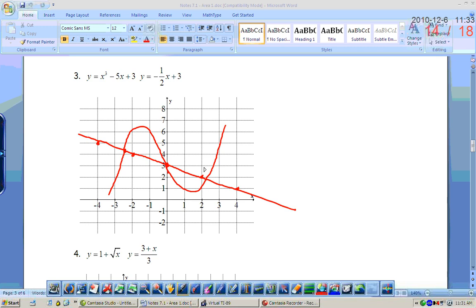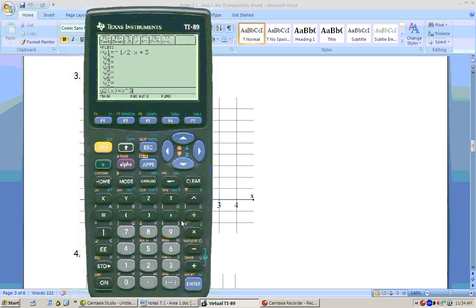I think that bottom hump needs to come below the x-axis, but that's okay. That's what we need to find out, these points of intersection. All right, so let me get this into my calculator.